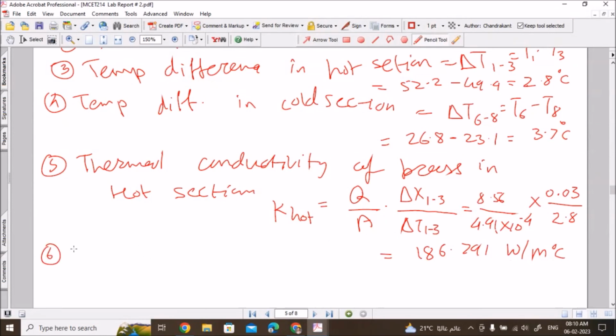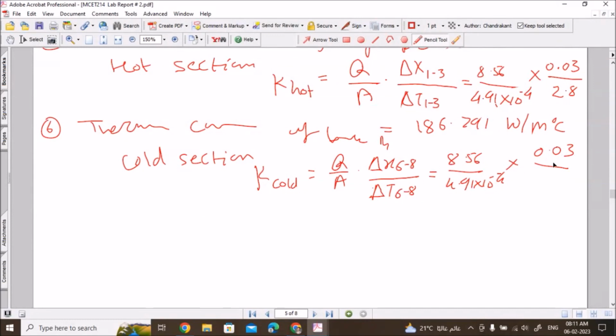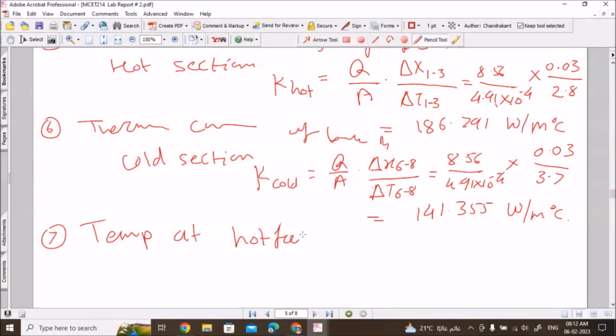Similarly, the thermal conductivity of brass in cold section, K cold, is equal to Q by A delta X 6 to 8 divided by delta T 6 to 8. That gives 141.355 watt per meter degree centigrade. Now my target is to find the temperature at hot face of steel.